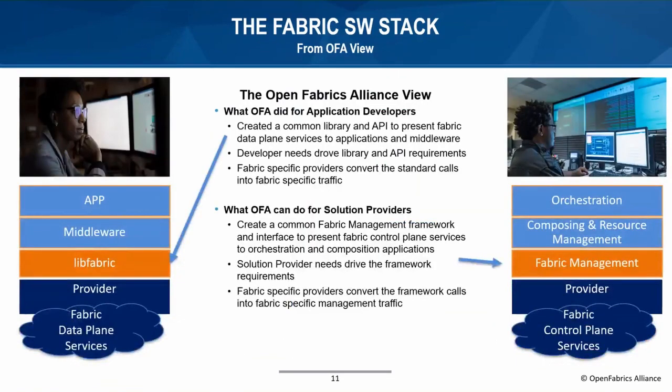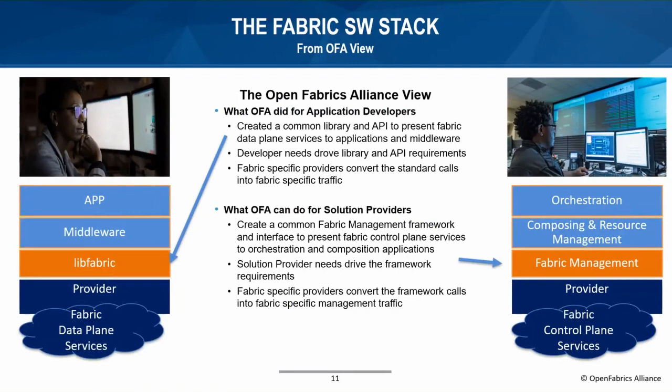So let's look at this fabric software stack from the OFA viewpoint. On the left, the OFA provided application developers a fabric-agnostic message passing, remote memory accessing programming interface. So libfabric provides a common library and API to present fabric data plane services to applications and middleware.